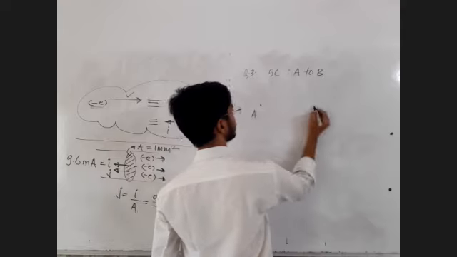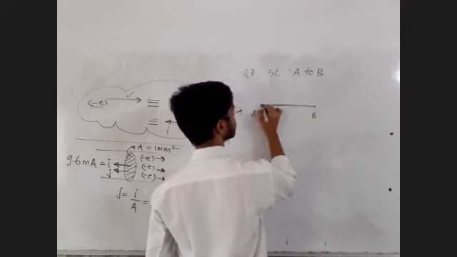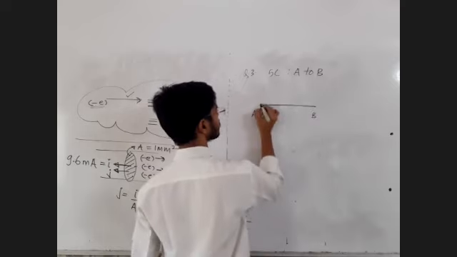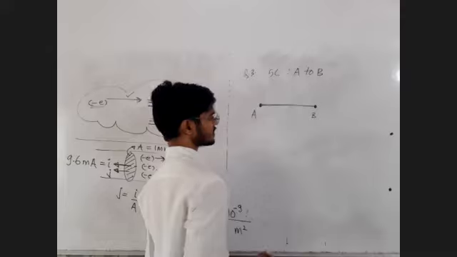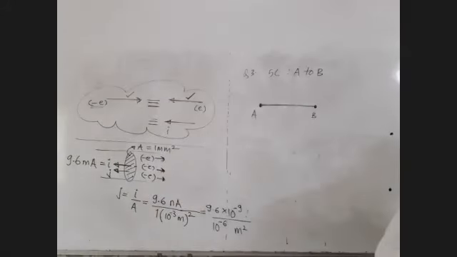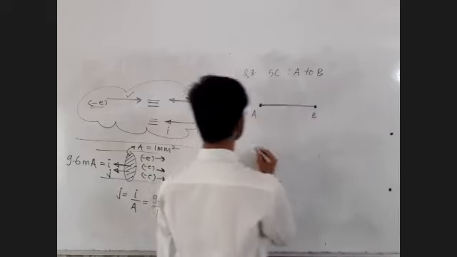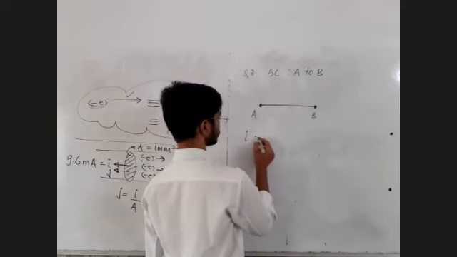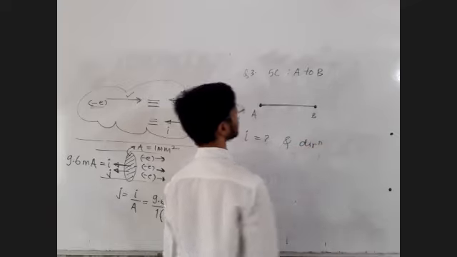The diagram is given, A, B, some conductor is given. The conductor is not a superconductor, so it must be having some resistance. Might be so small, but it must be having some resistance. Find out the current and the direction of current.